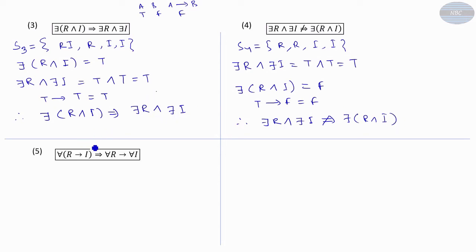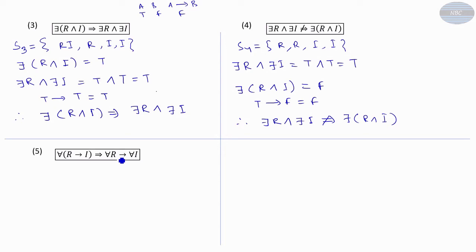Now come to the fifth one. In the same manner we can prove the fifth one as well. Here we have implication inside. What is the meaning of this? The left hand side means every rich person is intelligent. The right hand side means if all are rich, then all are intelligent.